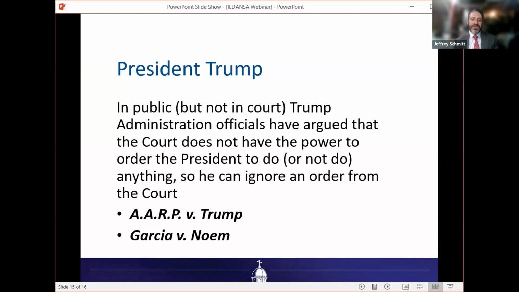Now, if the court is ignored, though, and the president continues to engage in that behavior, there's really nothing the court can do, right? That's Hamilton's argument. The courts are not that dangerous. They're not really interfering with the president unless the president voluntarily complies. How is the system supposed to work then if the president is ignored?